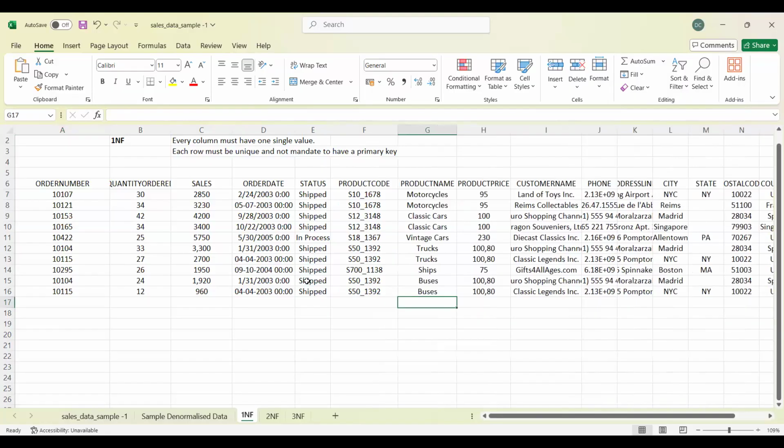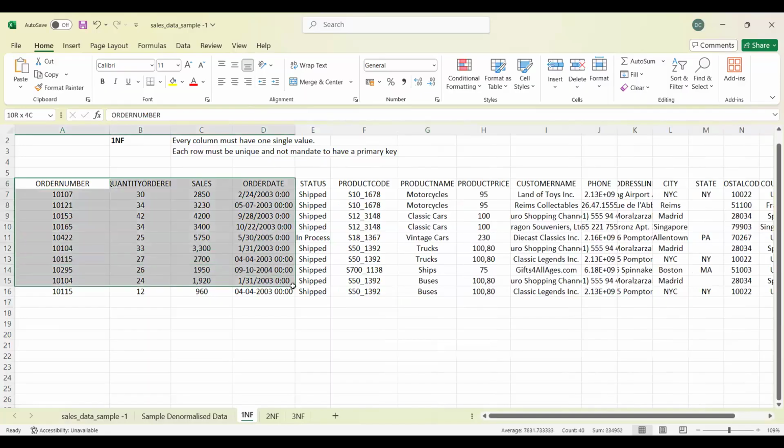As we already discussed in the limitations of Excel, up to here we have some order details only: order number, quantity ordered, sales, order date, status of that order, correct?